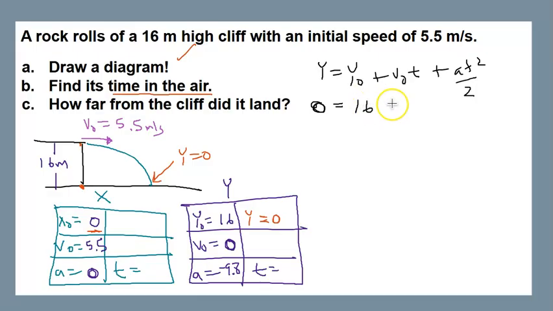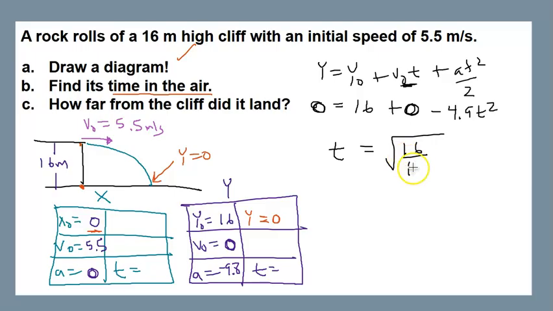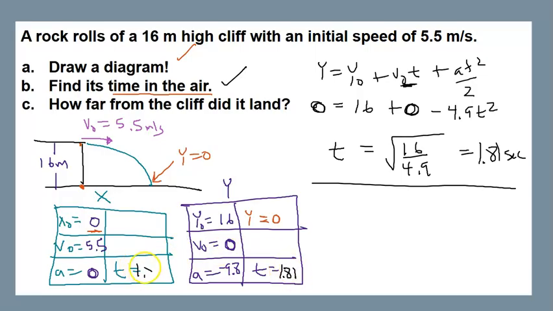You started with some height, but no up, and then 9.8 over 2 is minus 4.9 t squared. So t is the square root of 16 over 4.9, which is 1.81 seconds. That time goes in both Sudokus.